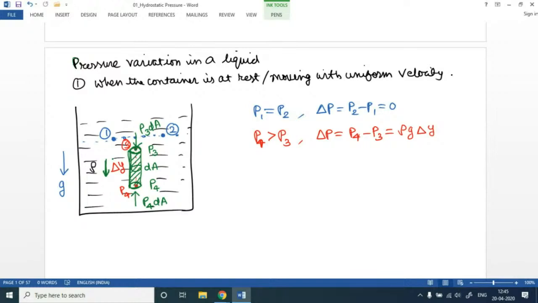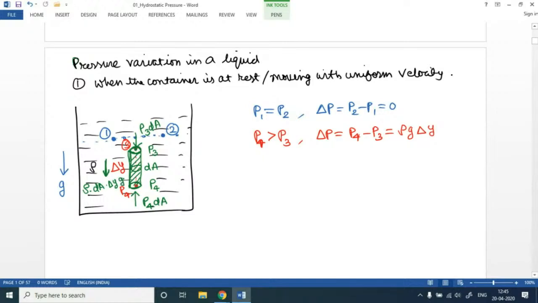Its mass is going to be, rho is its density, and this is of cylindrical shape, so that would be cross sectional area into height, so dA into delta y will be its volume. So this is mass into g.